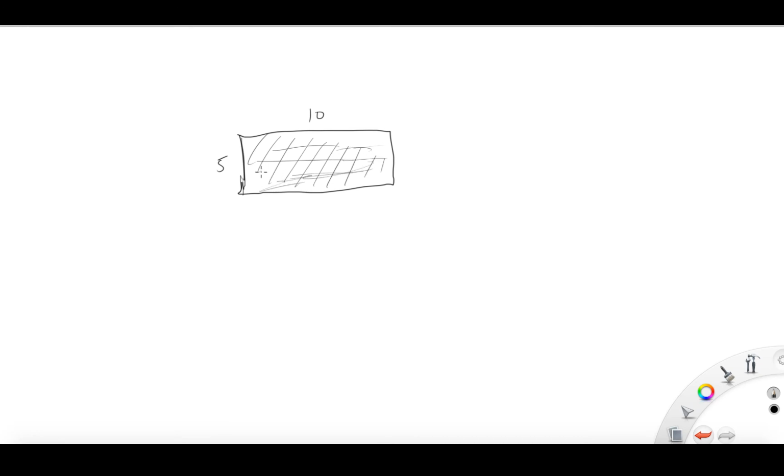So I can say 5 times 10, which is going to give me 50. That means there are 50 units in here that I could count. So area is side times base, or base times height is how your text is going to give that.